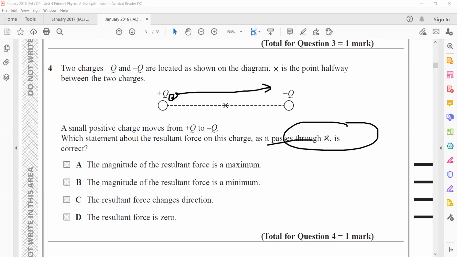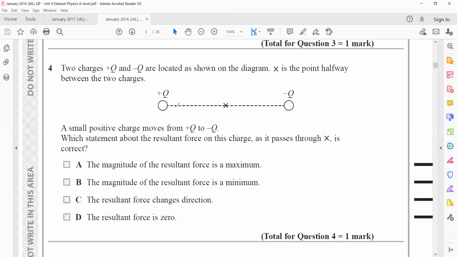As it passes through X. Look, one is a positive charge, another one is a negative charge.